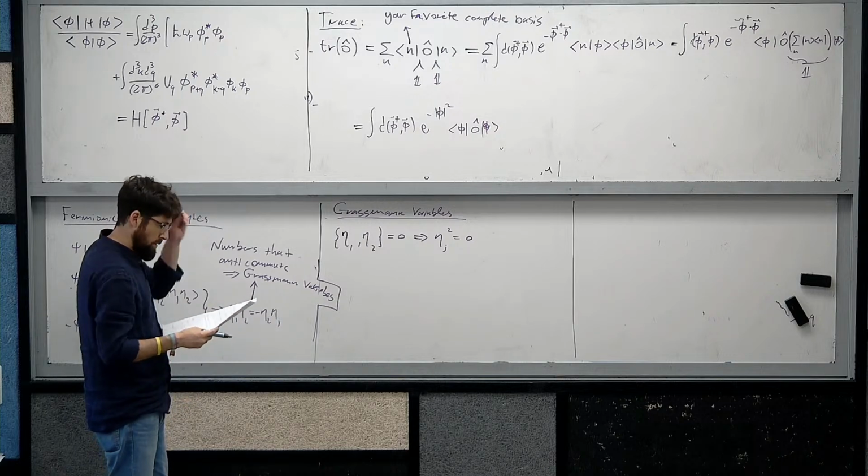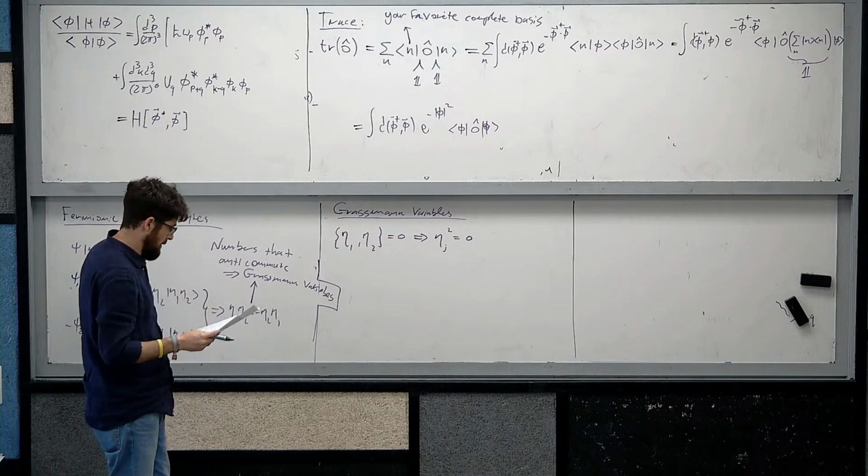Okay? So Grassmann variables squared are 0.